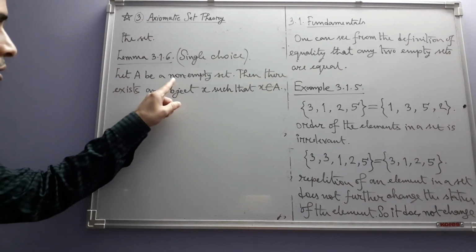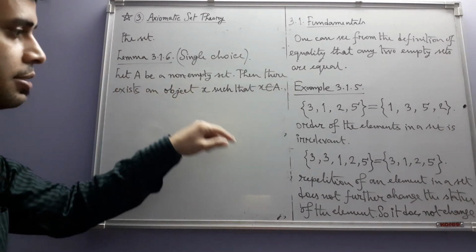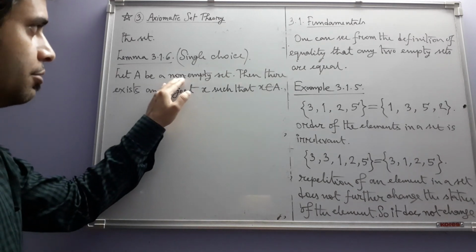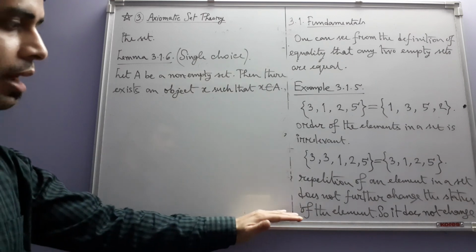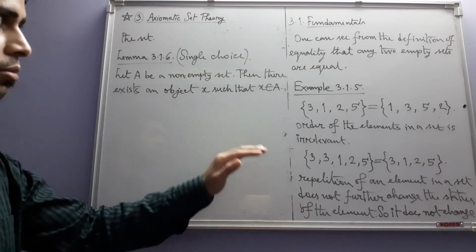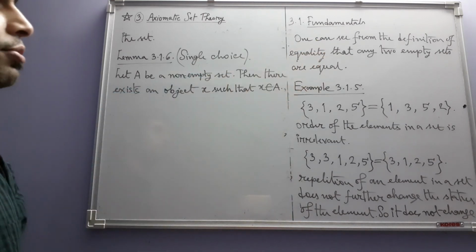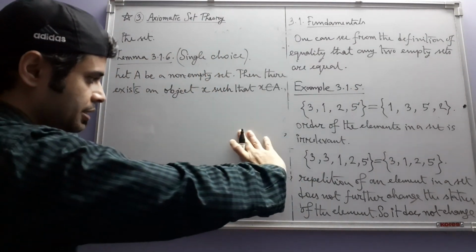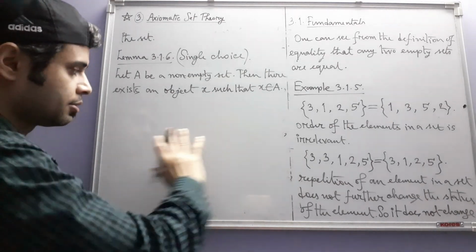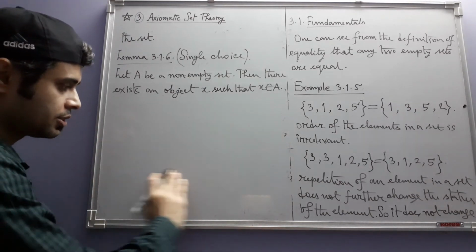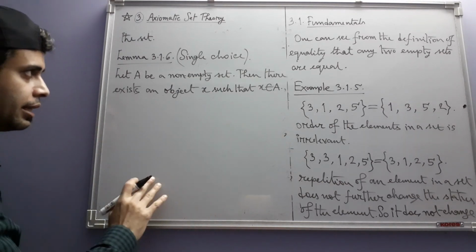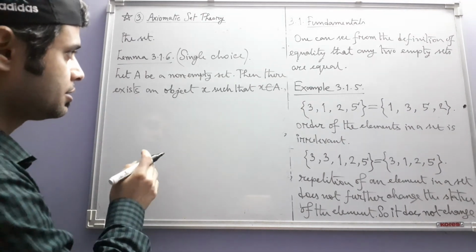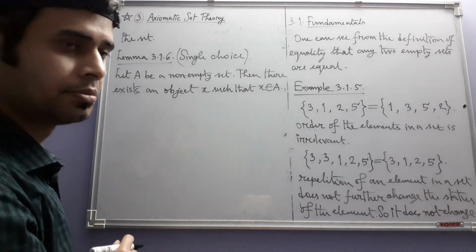In this context, a non-empty set is a set that is not empty. We assume that this is already given, but ideally I should have defined it here itself. When we presented the second axiom that there exists an empty set, there we should have said that a set which is not equal to the empty set is said to be a non-empty set.